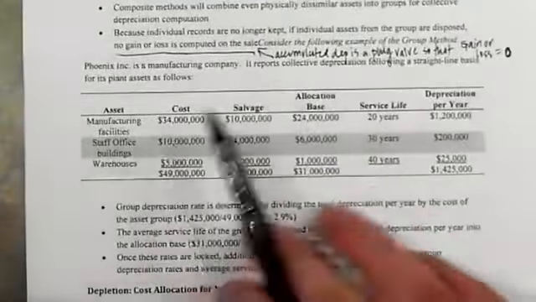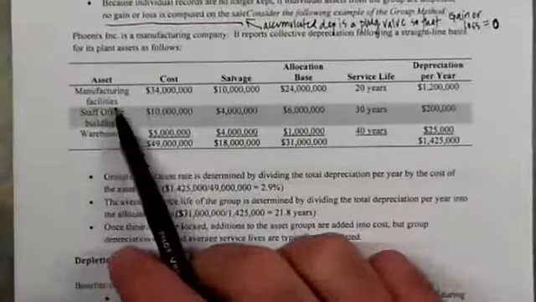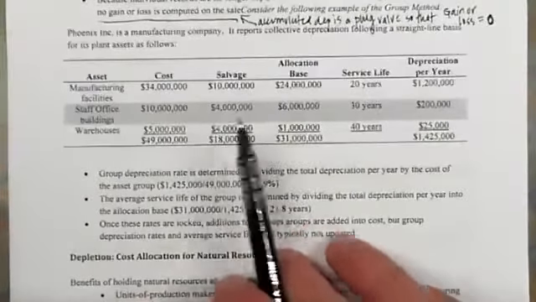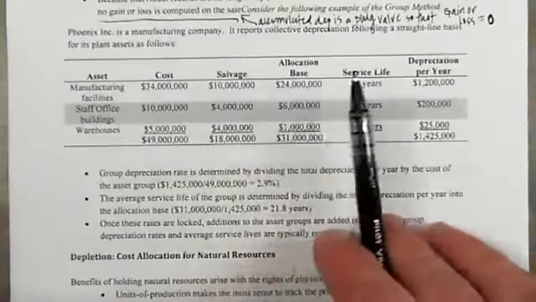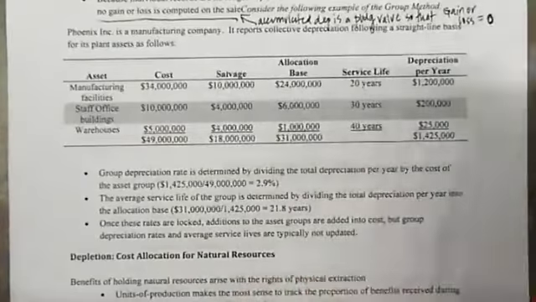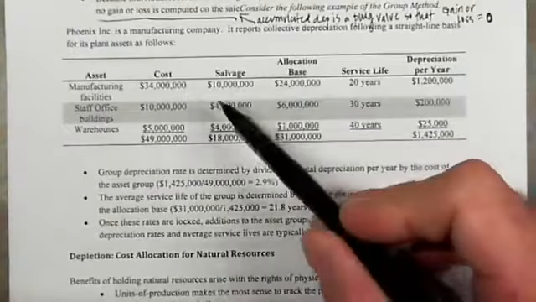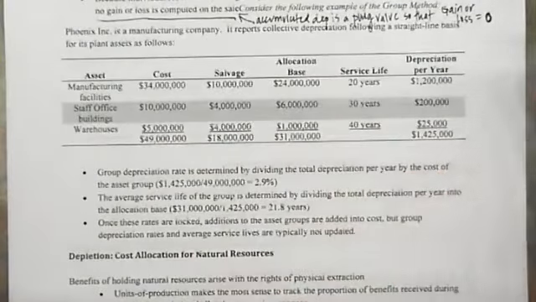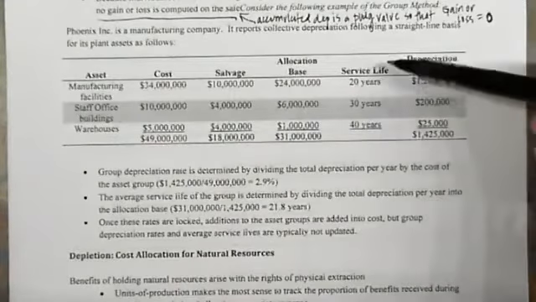So consider this schedule here. We have different types of buildings that cost different amounts, have different salvage, and have different service lives. So, all I did here was look at their costs, their salvage, and determine an allocation base for each. Then I have a number of service years.